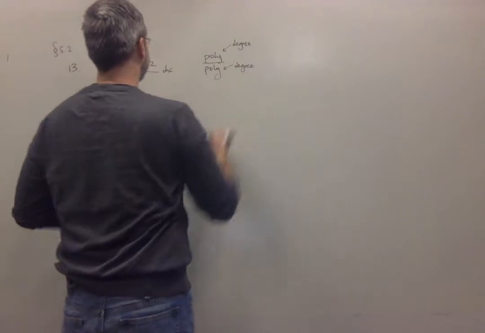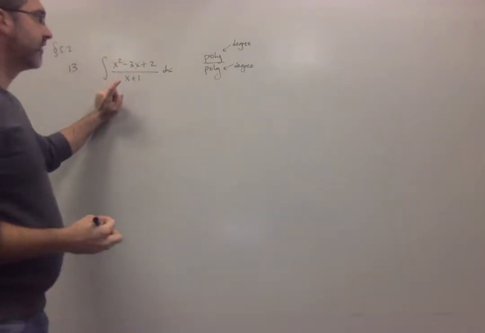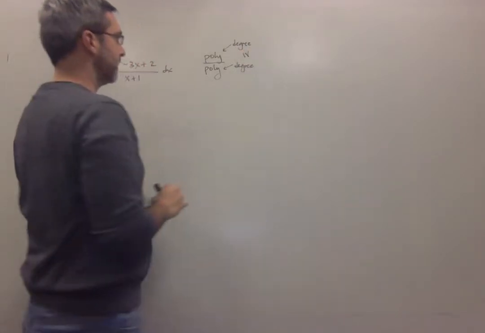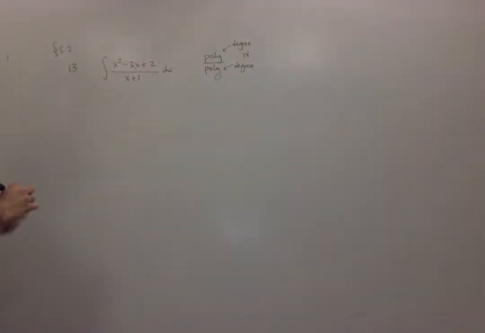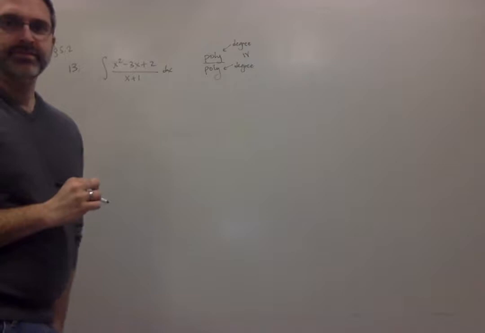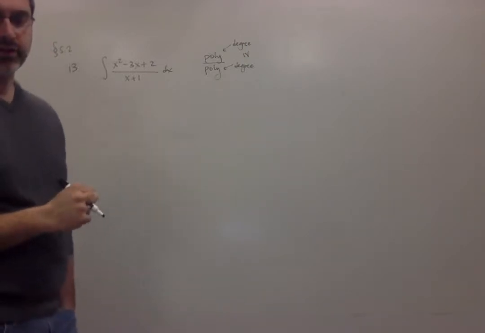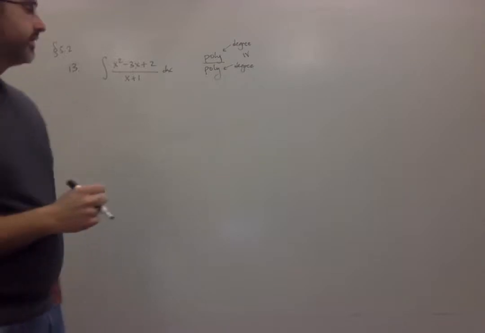In other words, the highest power of x. If the highest power of x on the top is bigger than or equal to the bottom, then you need to do long division. That's the first step you have to do with some of these problems. And we'll see this a little more today too. I'll go over another 1 or 2 that involve that.